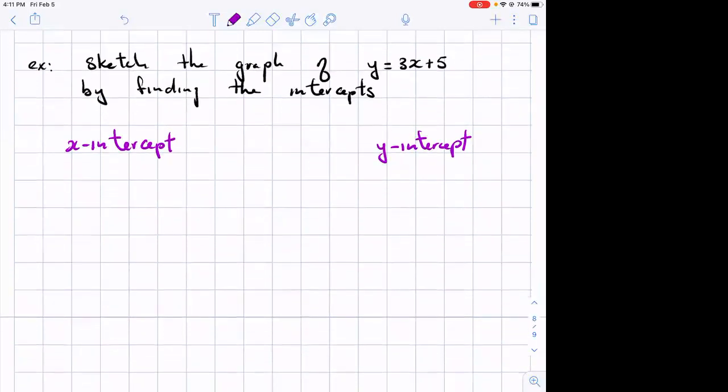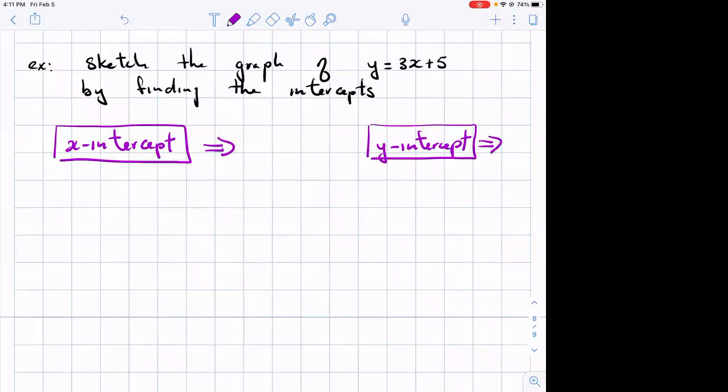Now, what we can do here, we can create a table, okay? These are the two things we have to find. We can create a table with x and y, and remember, to find the x-intercept, we let y equal 0, and to find the y-intercept, we let x equal 0.